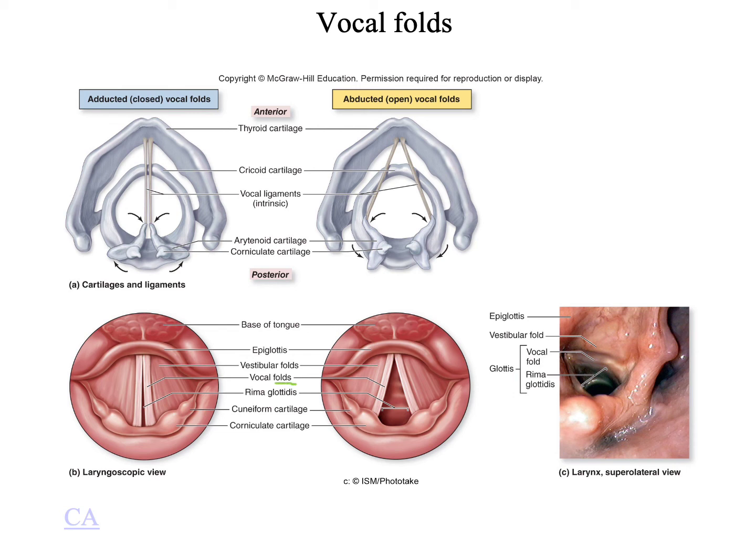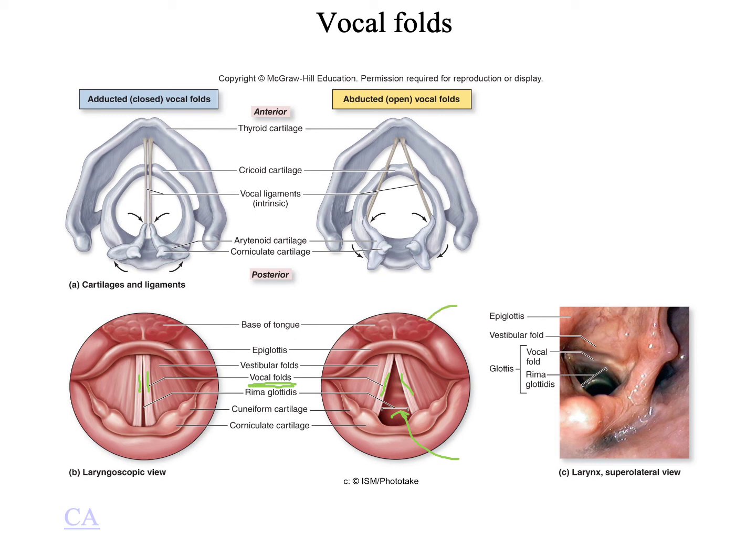And this occurs when the vocal folds vibrate. So I'm going to point these out right here. These are vocal folds. Material right here, and then the rima glottidis is this opening between them that can narrow or widen. Okay, so these vocal folds, they're called our true vocal cords, and they're very elastic.